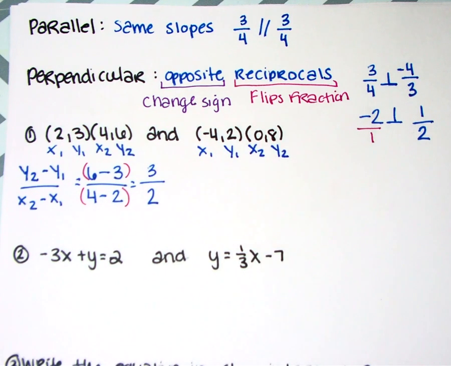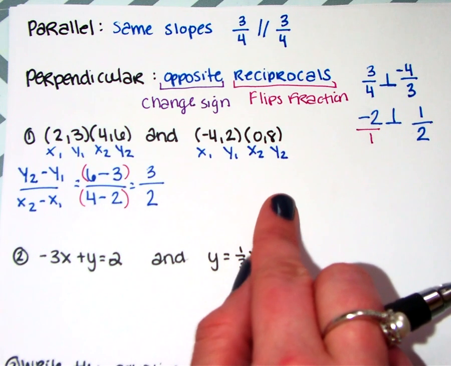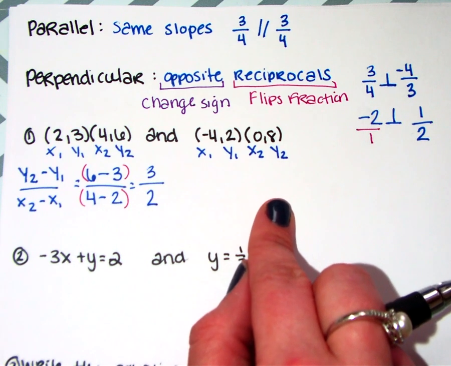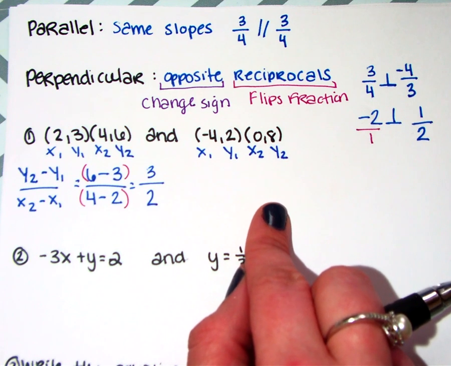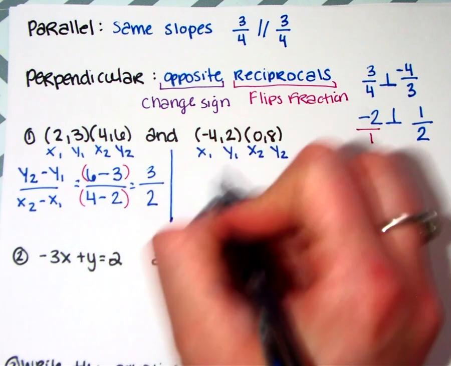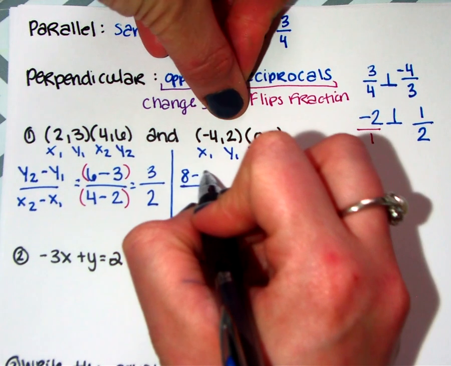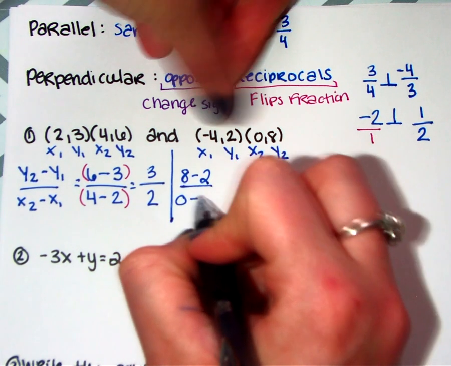Now, in order for our slopes to be parallel, we need to get 3/2 over here. In order for our slopes to be perpendicular, we would need to get -2/3. And if neither of those work, then the answer is neither. They're not perpendicular or parallel. So let's try. We get y sub 2, so 8 minus 2 over 0 minus -4.